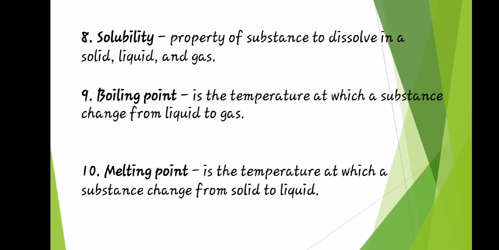By that definition, you might ask why solubility is not a chemical property, ma'am? Why is it included as a physical property? Because solubility can be determined by simple observation and does not change the chemical composition of the material. When there is a chemical change, you are showing a chemical property.